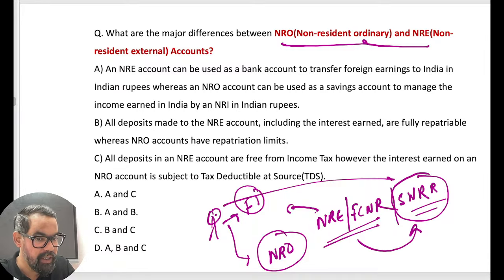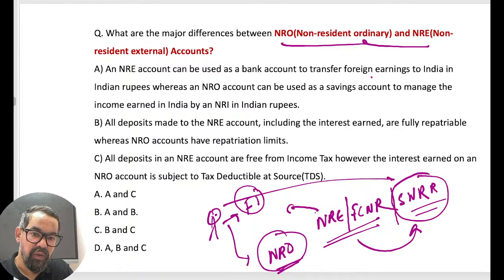That is the only case, right? And after payment of taxes and all, it is also repatriable, but there are some restrictions and all.